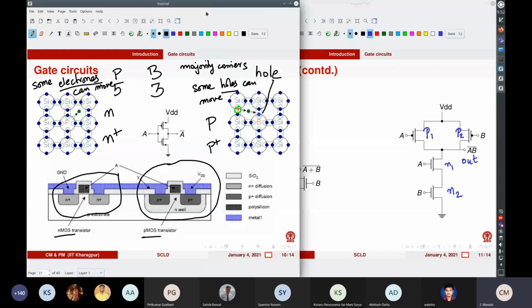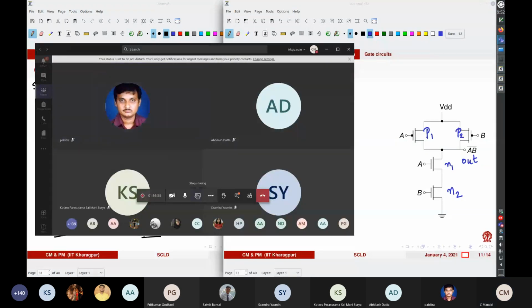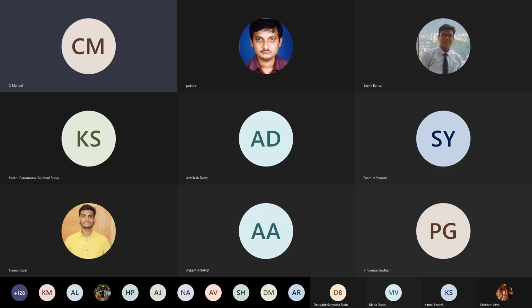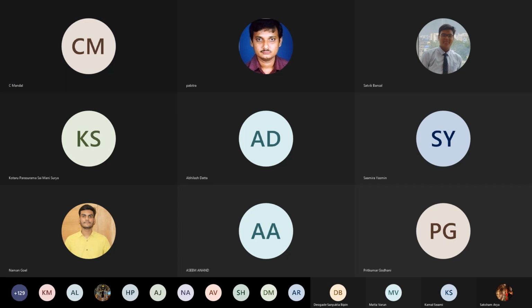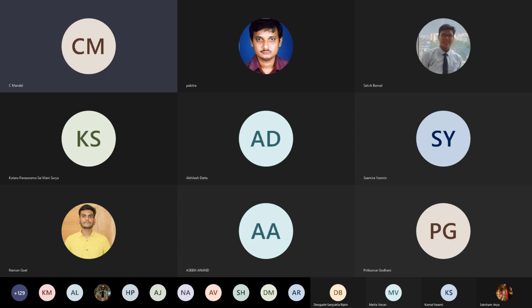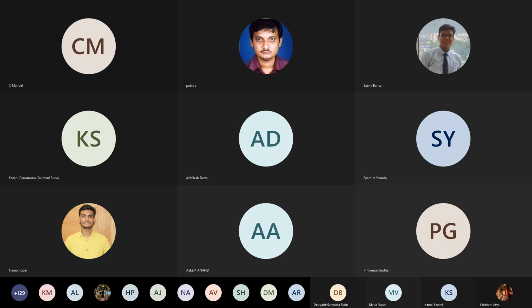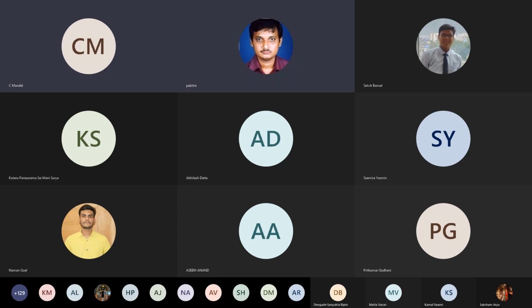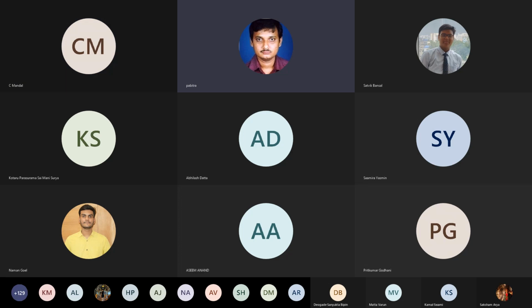So how can we see that? Should I stop presenting? Should I stop sharing? How can we see their post? Hello? Pavitra, are you there? If you go to the other window, there are two windows of MS Teams.